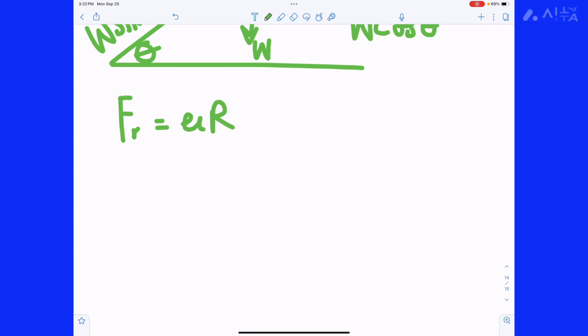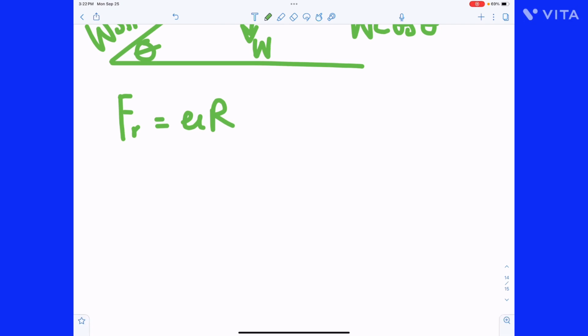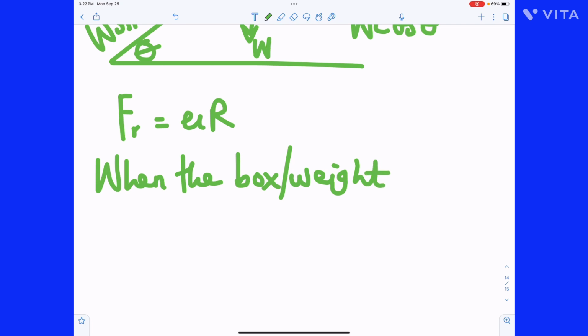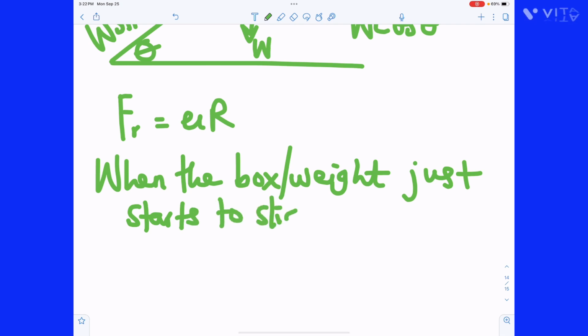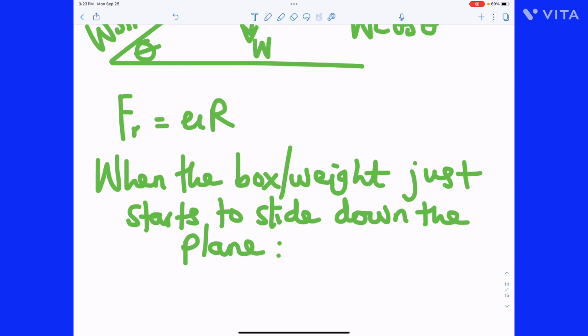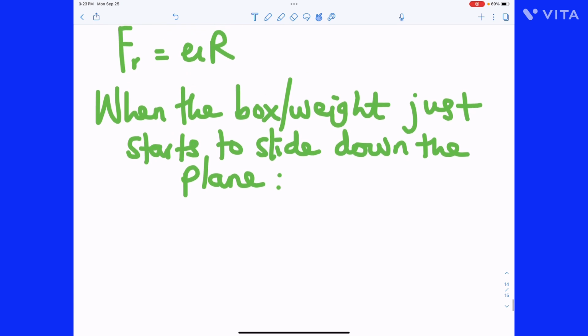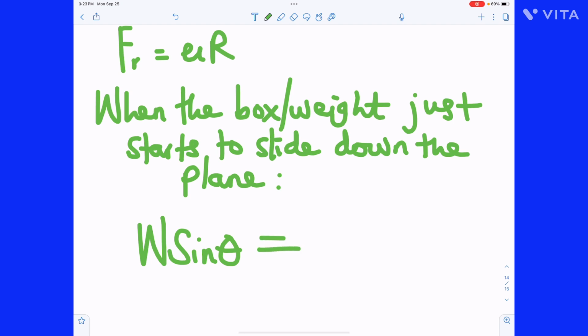Frictional force in this case is mu R. Now, when the box just starts to slide down the plane, what happens at that juncture is that the component of the weight of the box acting down the plane, W sine theta, equals the frictional force acting upwards. Can you see that?